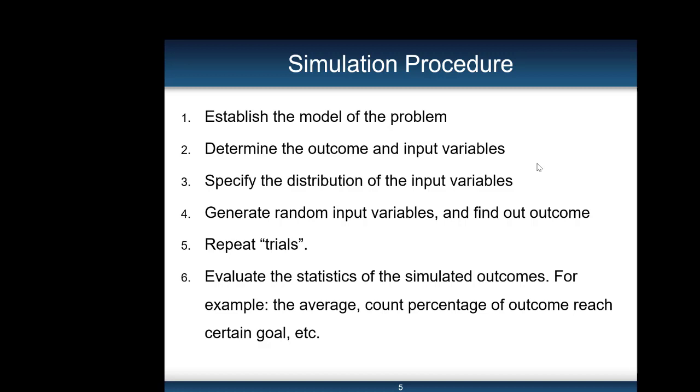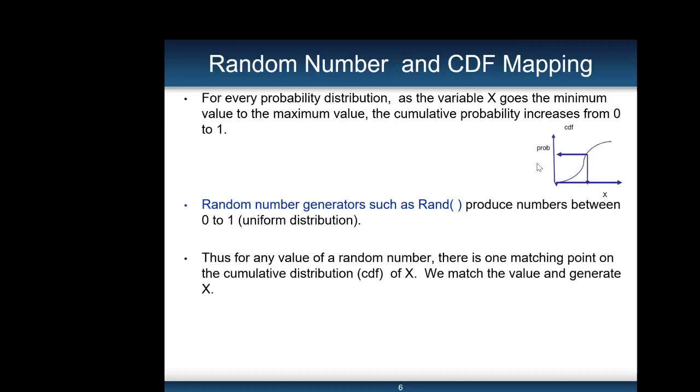Then you're going to repeat. For example, you want to repeat, say, 100 times, 1,000 times. Then you have simulated a large data set, right? So the last step is you want to look at the outcome. We want to understand what the average is, what the standard deviation is, how likely we are to achieve certain goals, and so forth. So that's a typical simulation procedure.